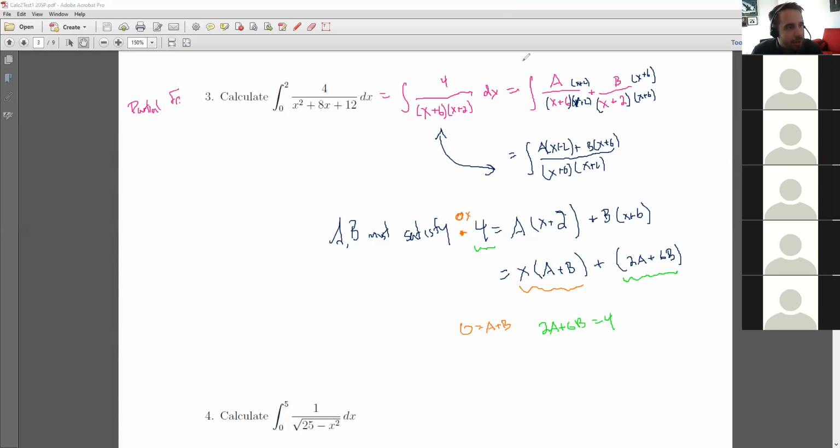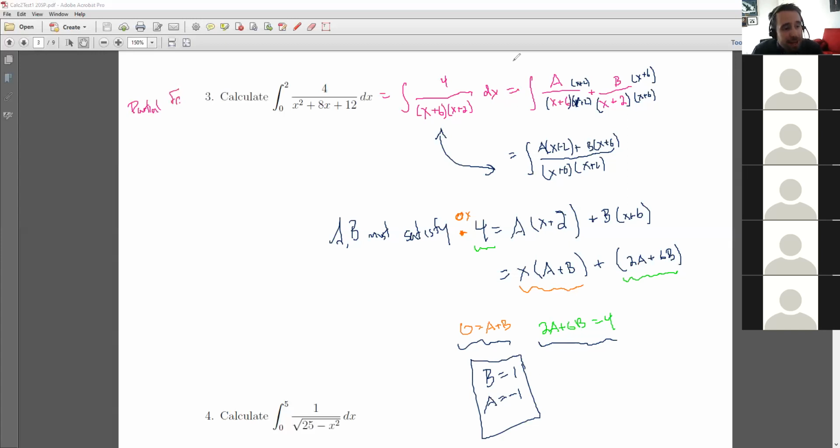And so the goal becomes trying to find values of a and b that simultaneously satisfy a plus b equals 0 and 2a plus 6b equals 4. And so I think we end up with b equals 1 and a equals -1 here.